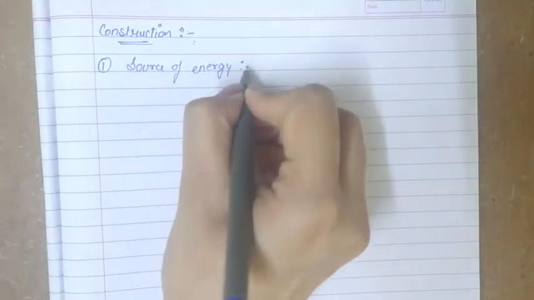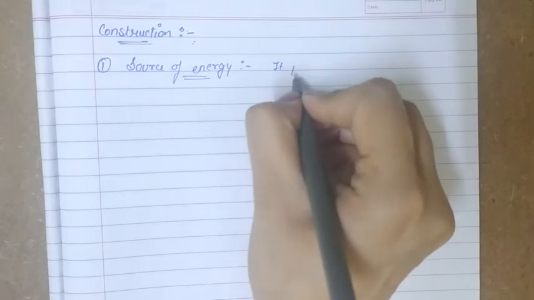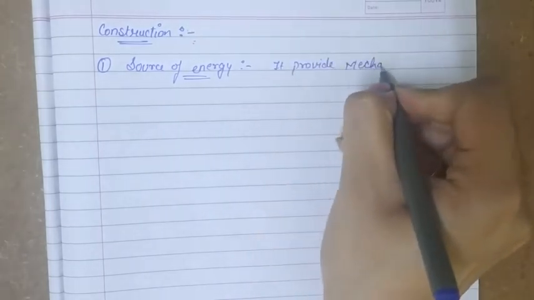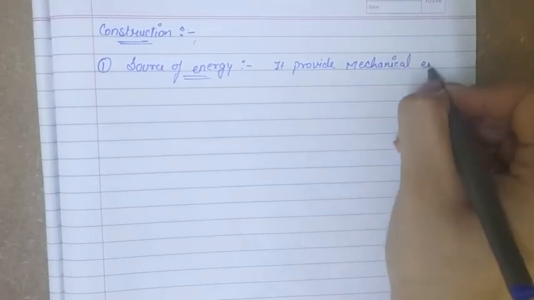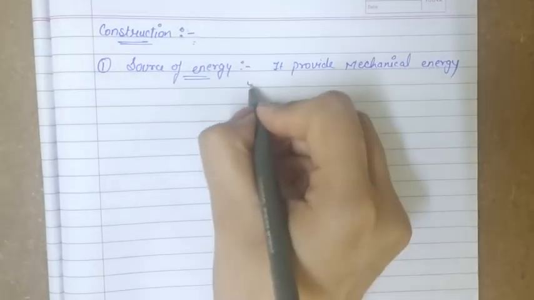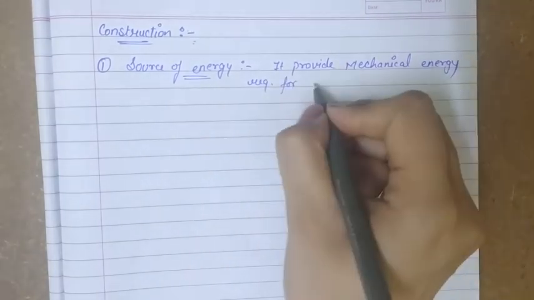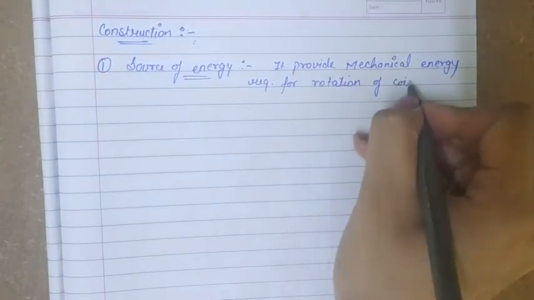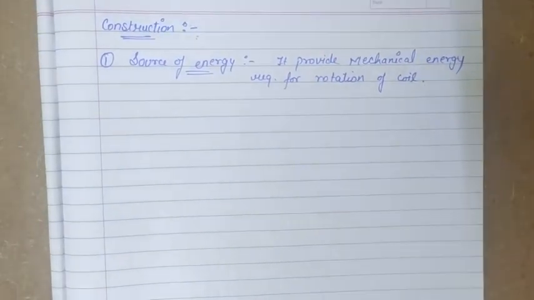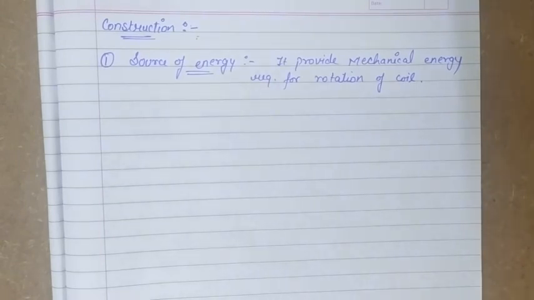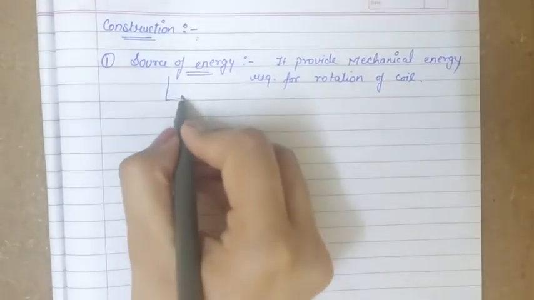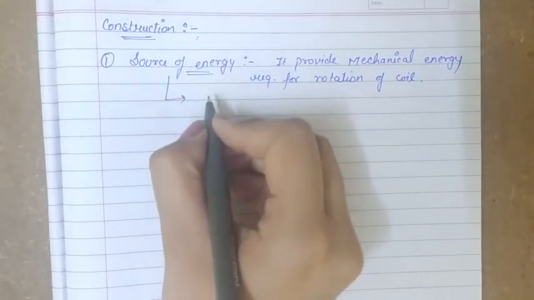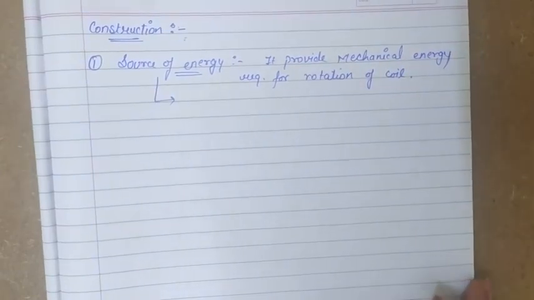The source of energy will provide the mechanical energy that is required for rotation of the coil, and because of that the coil is rotating about its axis.